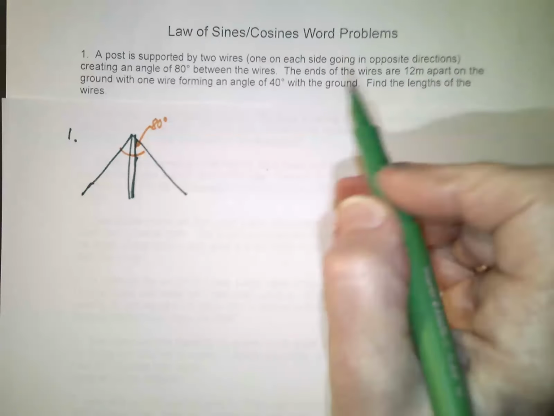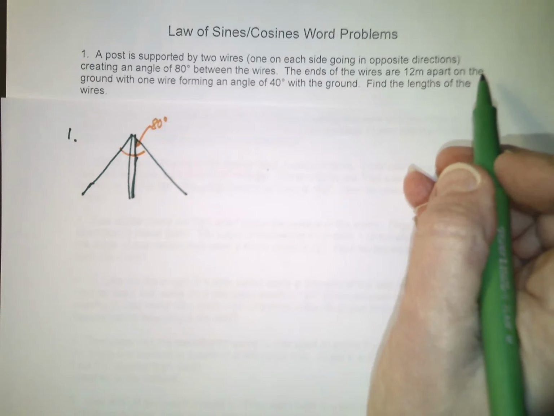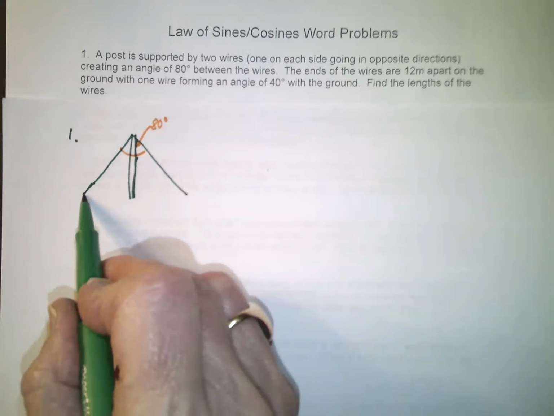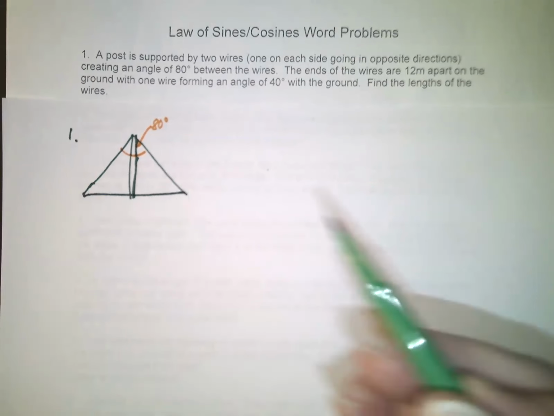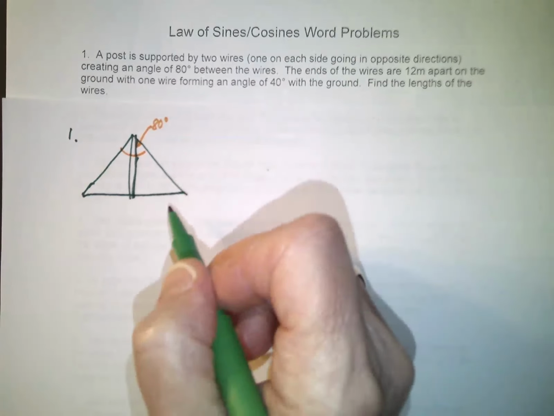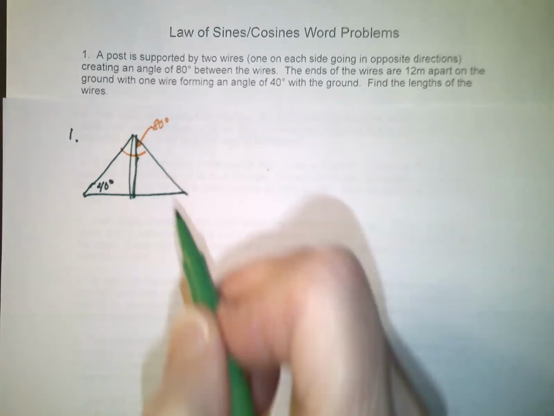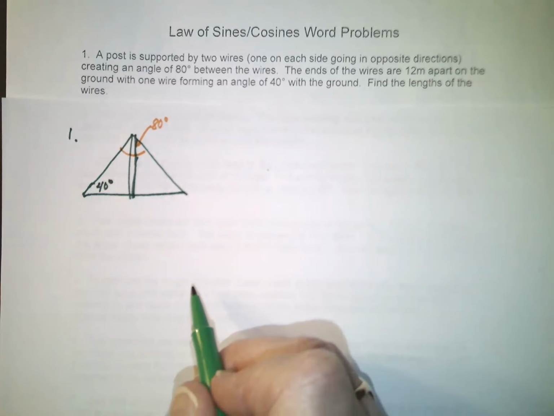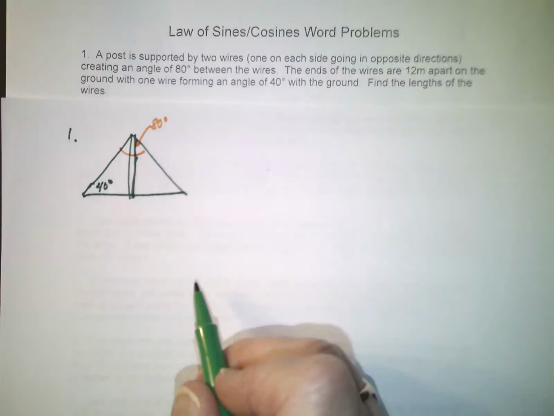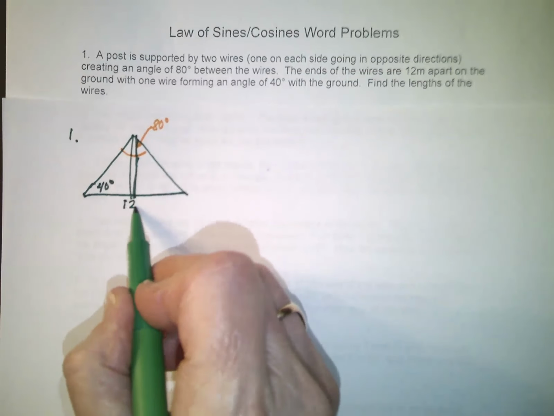We're also told that the ends of the wires are 12 meters apart on the ground. One wire forms an angle of 40 degrees with the ground. So I'm going to let this be the 40-degree one. And they want us to find the lengths of the wires. And I forgot to write down that they are 12 meters apart.